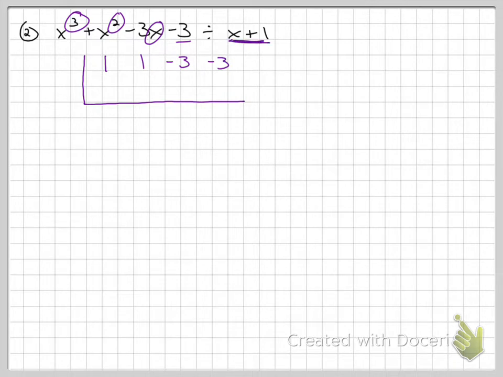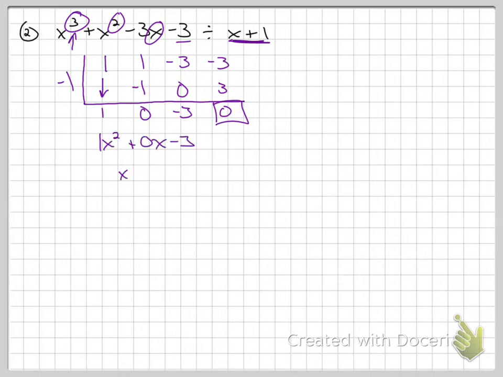Synthetic is opposite, so -1. Drop the 1, multiply, add. Multiply, add. Multiply, add. This is our remainder. It started with x cubed, so this is 1x squared plus 0x minus 3, or just x squared minus 3.